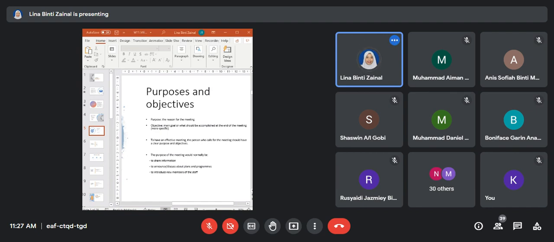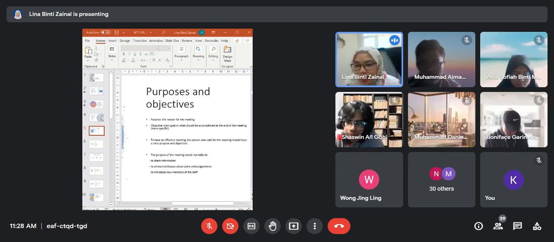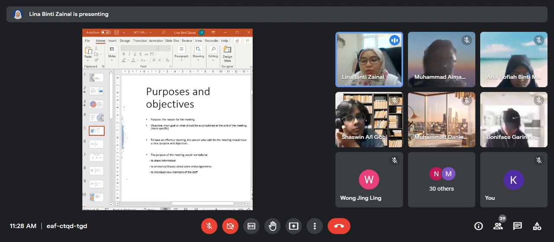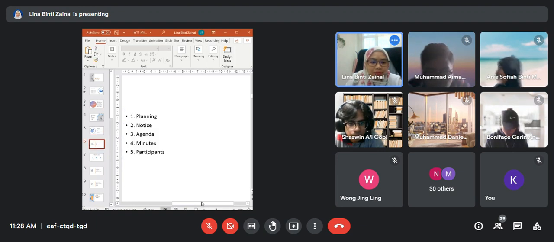So she had to work together with her society to discuss certain plans and programs that the society wants to conduct at the school and whatnot. And this second purpose is part of your assignment later that you have to discuss. All right.